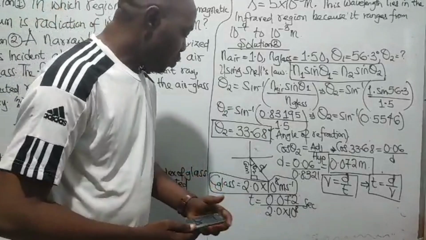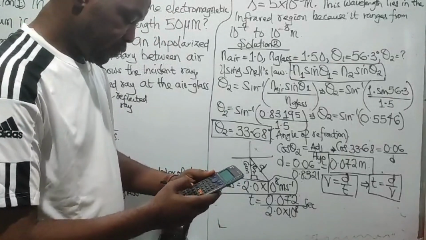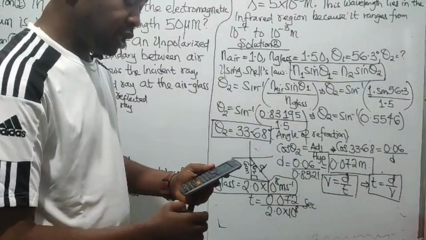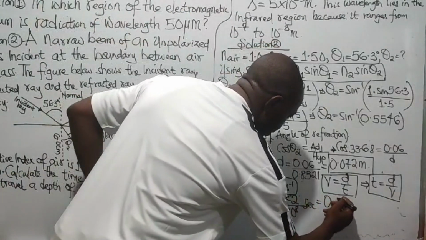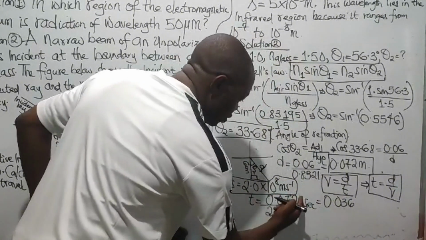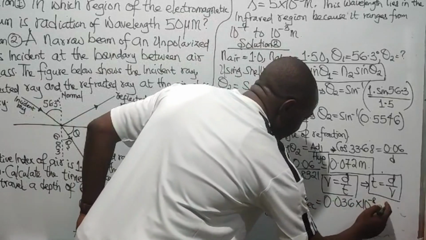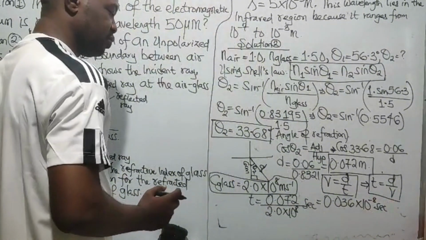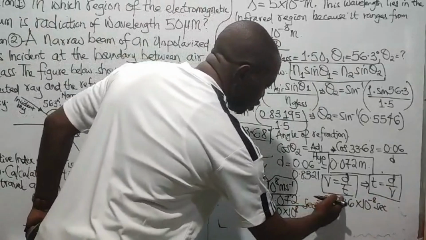Let's do 0.072 divided by 2, which is 0.036. If we bring the 10 raised to the power of 8 to the top, we multiply by 10 raised to the power of minus 8. The unit of time again is seconds.